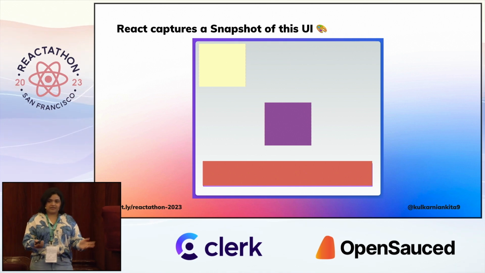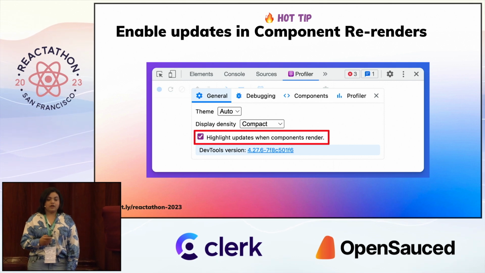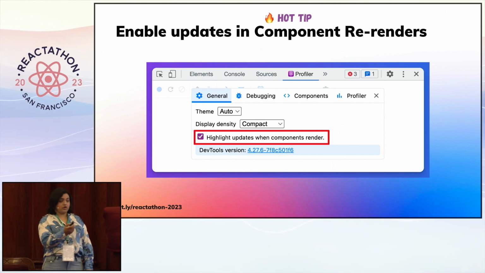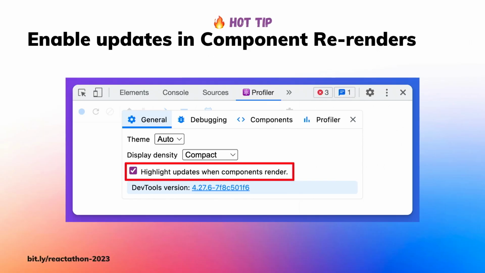So let's say that it takes a photo. And if you want to enable updates in component re-renders, which is what we will do for our dark mode app, you can go to the profiler and click on highlight updates when components re-render. Because that is really important, that is the beginning, I guess, like the basics of performance in general.